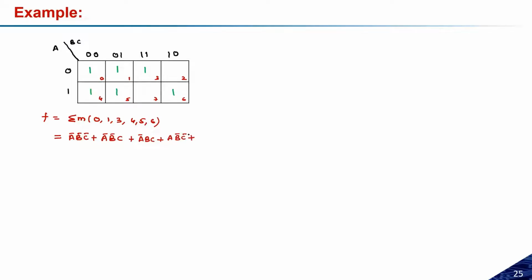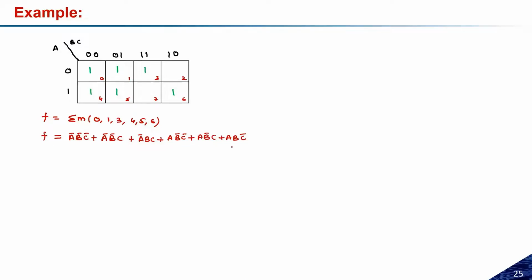For 5, it will be A B bar C, plus for 6, it will be A B C bar. So the function can be represented like this, but this is not the minimized one.